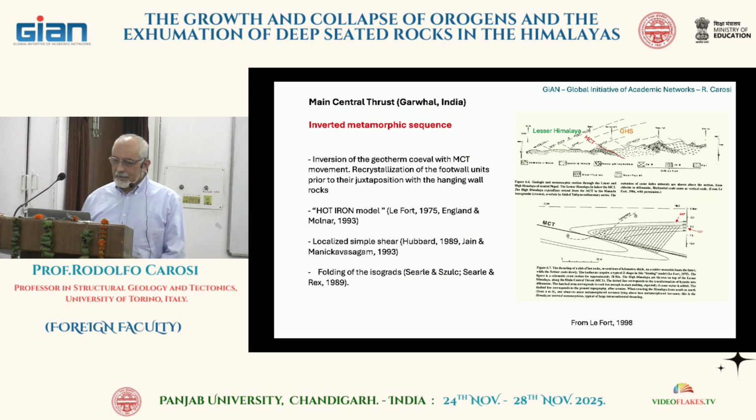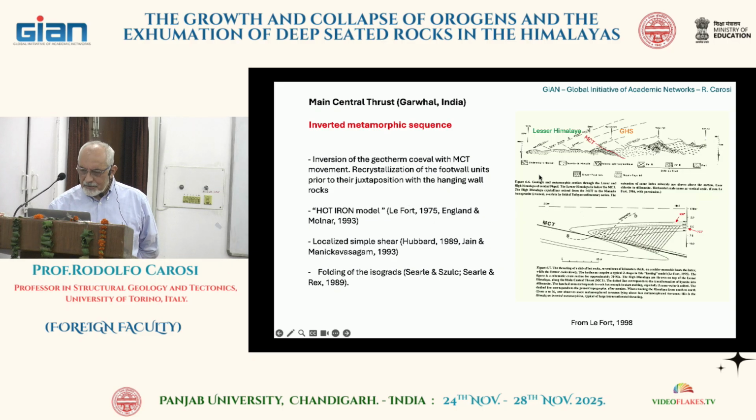Okay. The Main Central Thrust is famous, known all over the world for the inverted metamorphic sequence. You can see some cross-sections from Le Fort, who maybe was the first to recognize this feature in the Main Central Thrust.